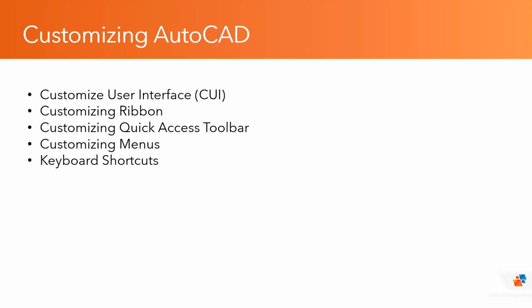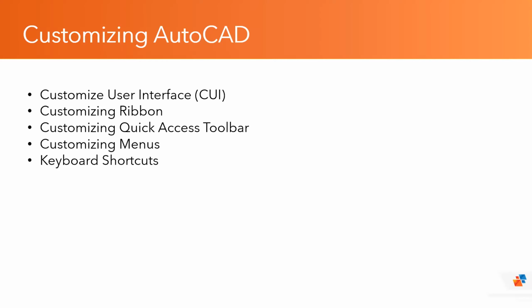And customizing AutoCAD has been around for many years, from the beginning of AutoCAD, early 1980s. So what Autodesk has done, giving us more and more tools to make this customization easy and streamlined within the AutoCAD environment.